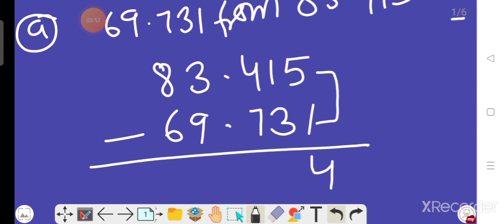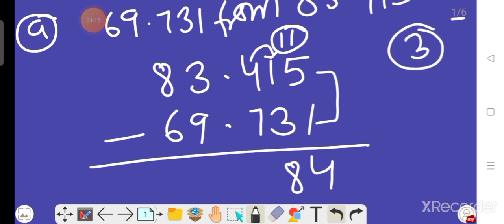Now 1 minus 3 is not possible, so we have to take a carry. If we take carry from 4, this 1 will become 11. Okay, so 11 minus 3 is equal to 8. After taking 1 carry from 4, 4 will become 3. Okay, so 3 minus 7 is also not possible, so again we will take a carry from 3. So after taking carry, this will become 13.